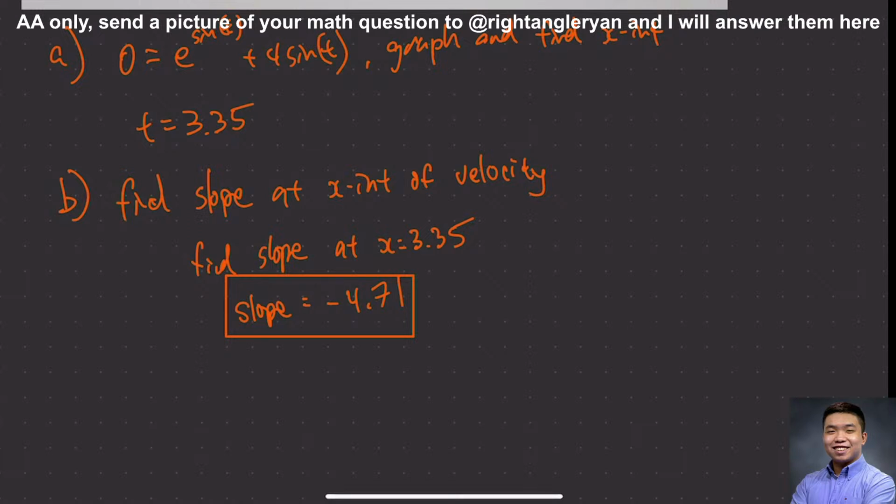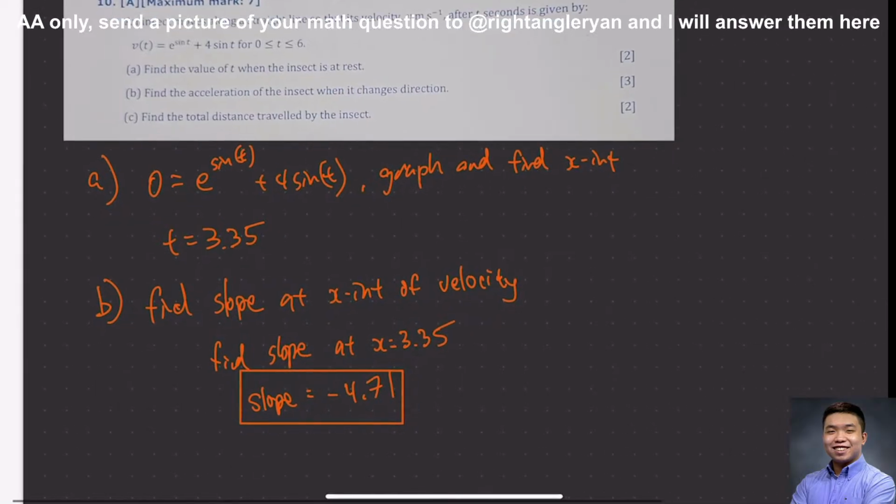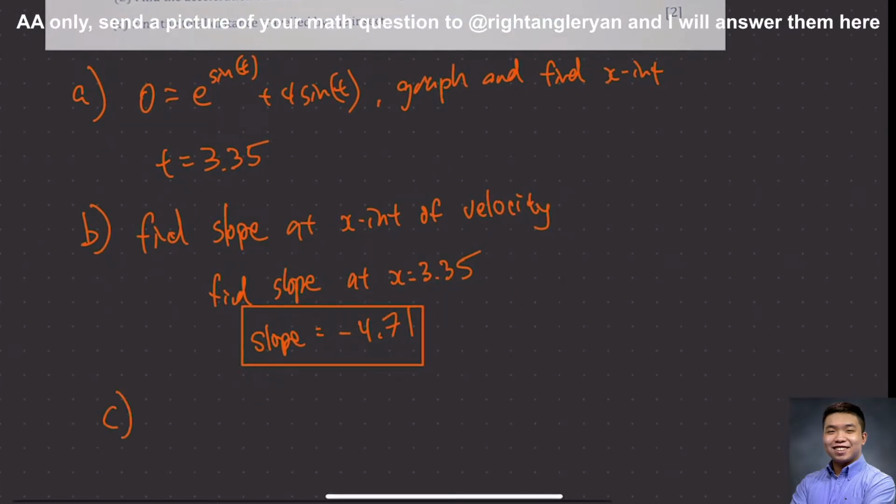So the slope is going to be negative 4.71. Part C, find the total distance traveled. Total distance traveled means integrate the absolute value of velocity, right? So again, put this all in your calculator.